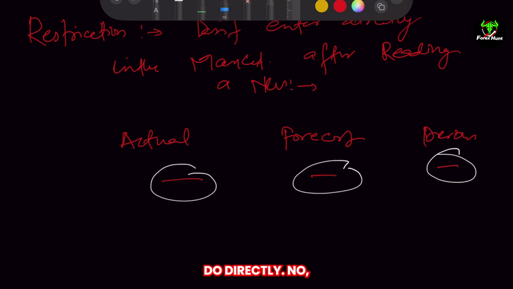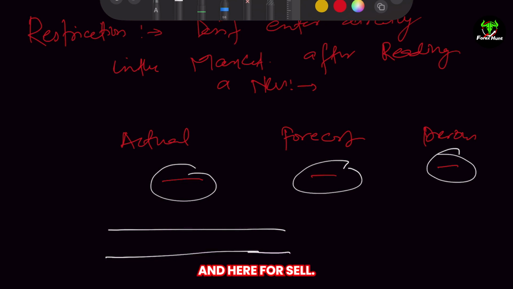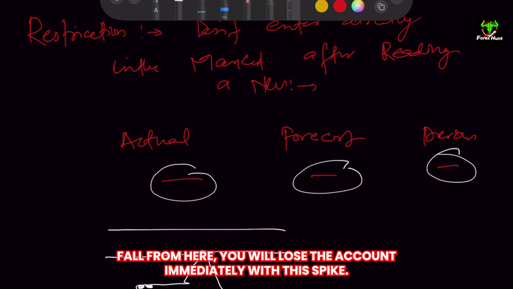Do you do it directly? No. There are some places where even when the news comes, you are here for a buy and here for a sell, and the market is like here, and the news comes for a sell. Even if the news comes in a sell direction, the market will go up like this and fall from here.